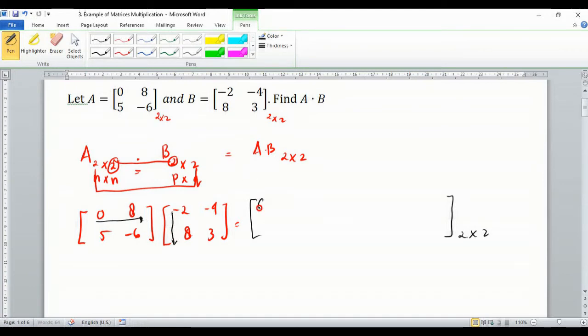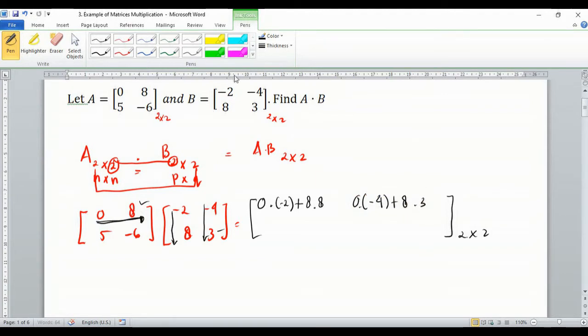The row is 0 times -2, plus you also add 8 times 8. And then the row times the new column is 0 times -4 plus 8 times 3.